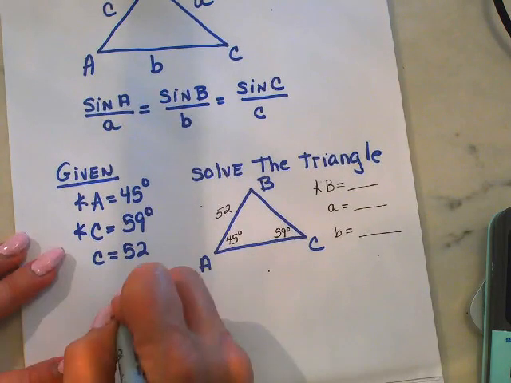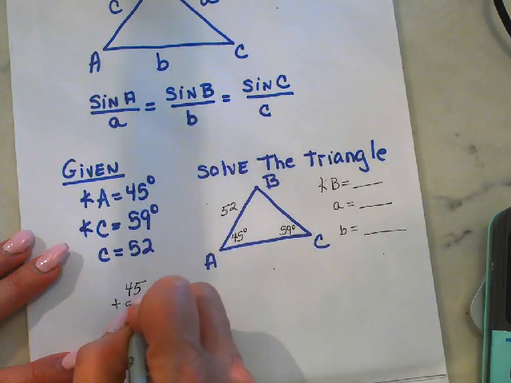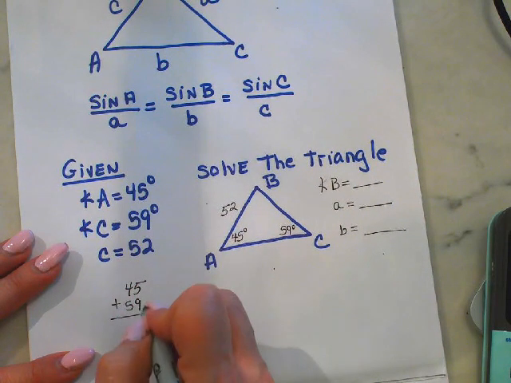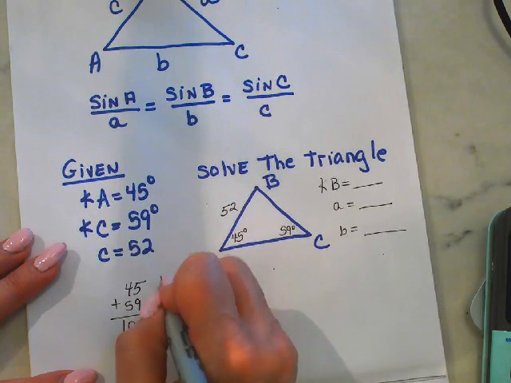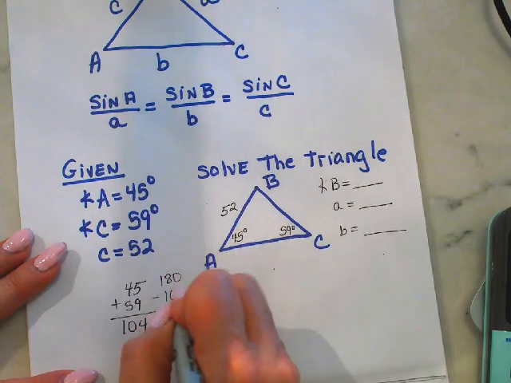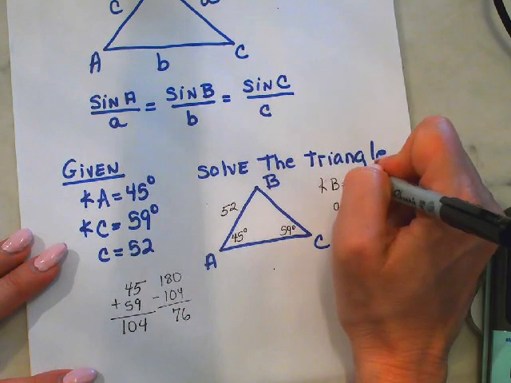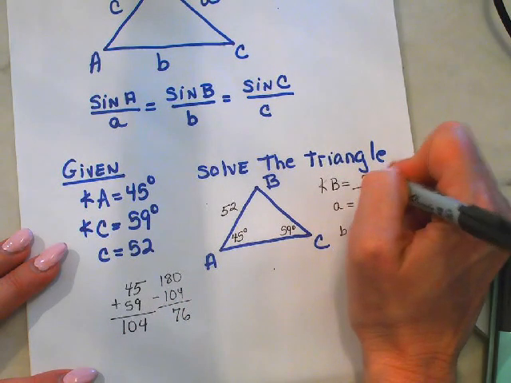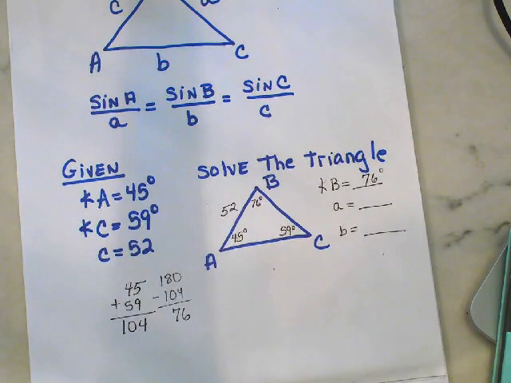So we can do 45 plus 59, that's going to be 104, and then 180 minus 104, and we get that angle B is 76 degrees. I can put that in there.